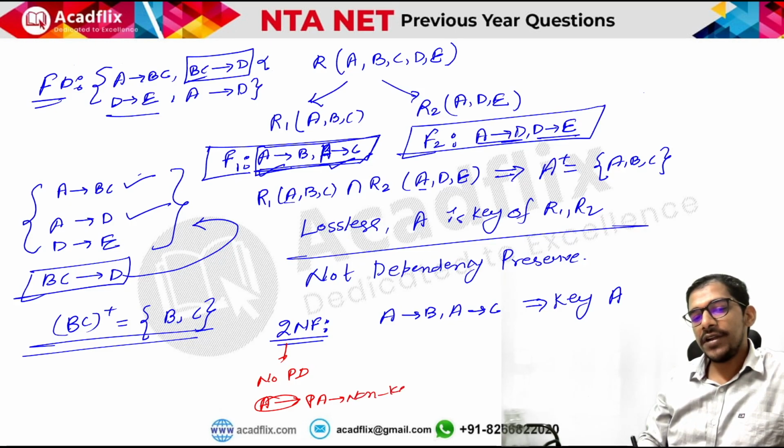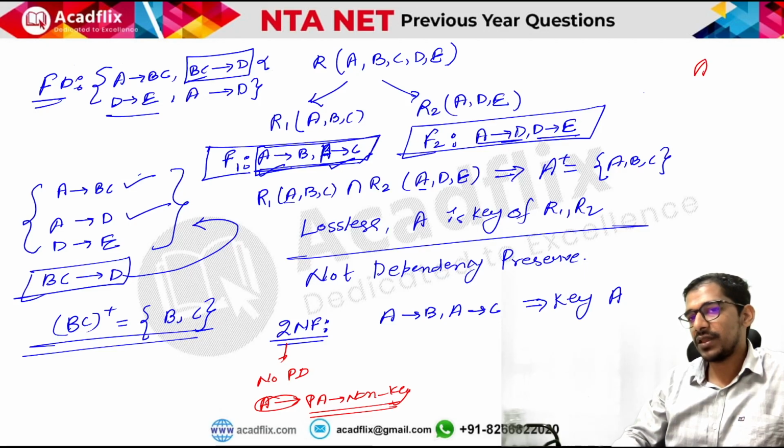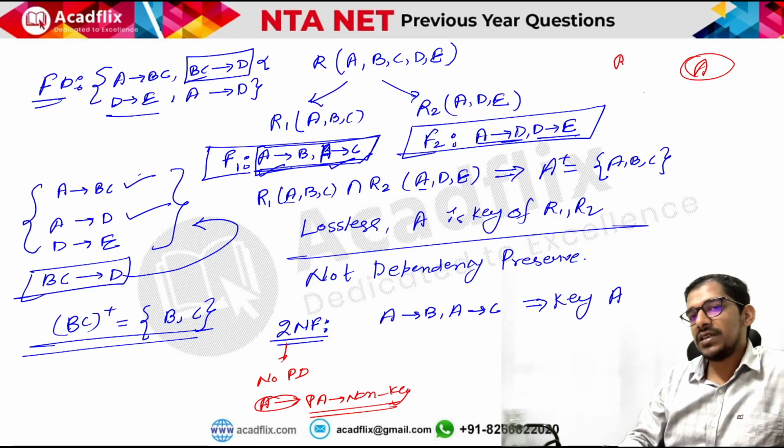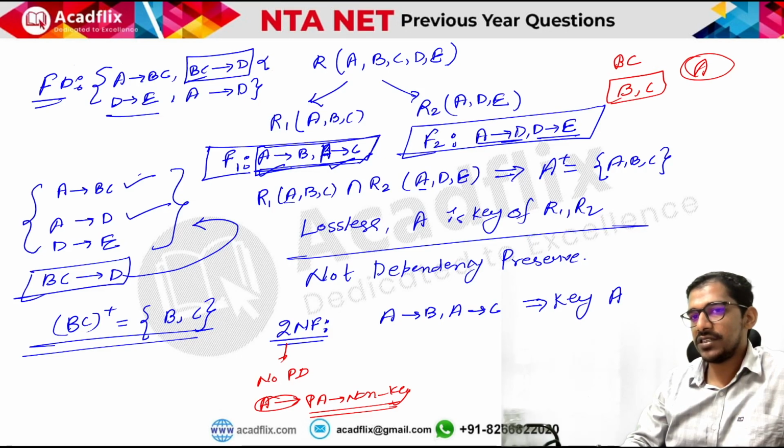Because the key is not a composite key, it is a simple key, there is no proper subset of A. For example, a subset of BC can be B or C, but a single attribute has no subset other than itself. So there is no possibility of partial dependency, which means it is in 2NF.